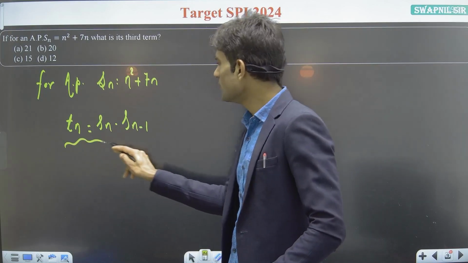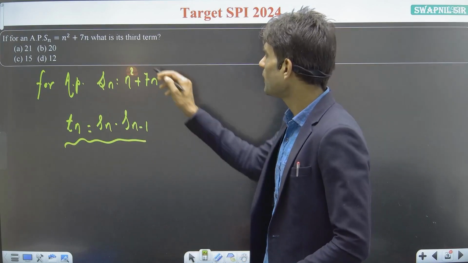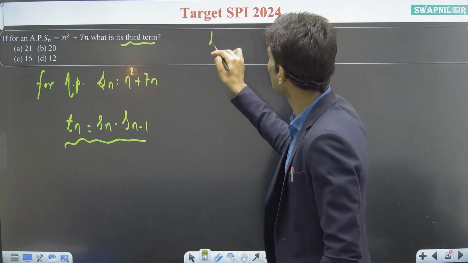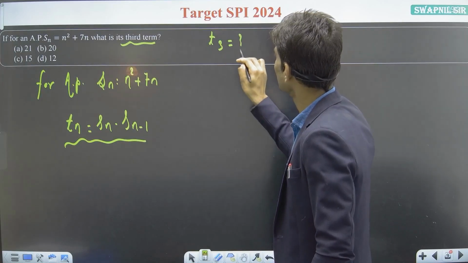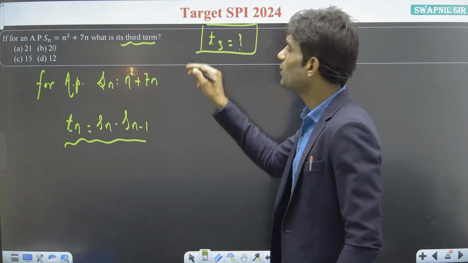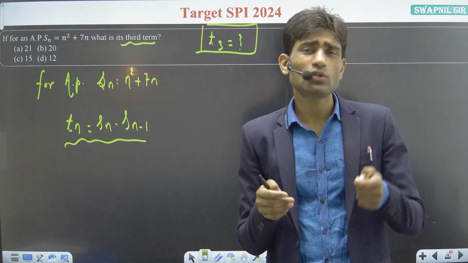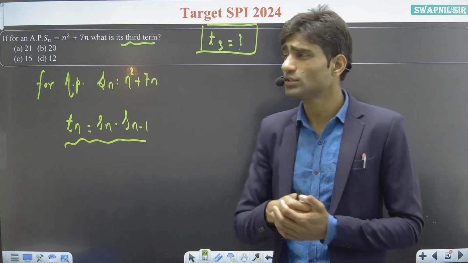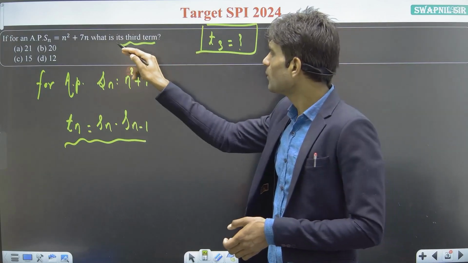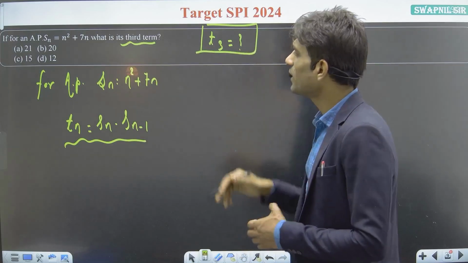This one is Tn. What we want here is the third term, T3. The first term is always denoted by T1, the second term by T2, the third term by T3.